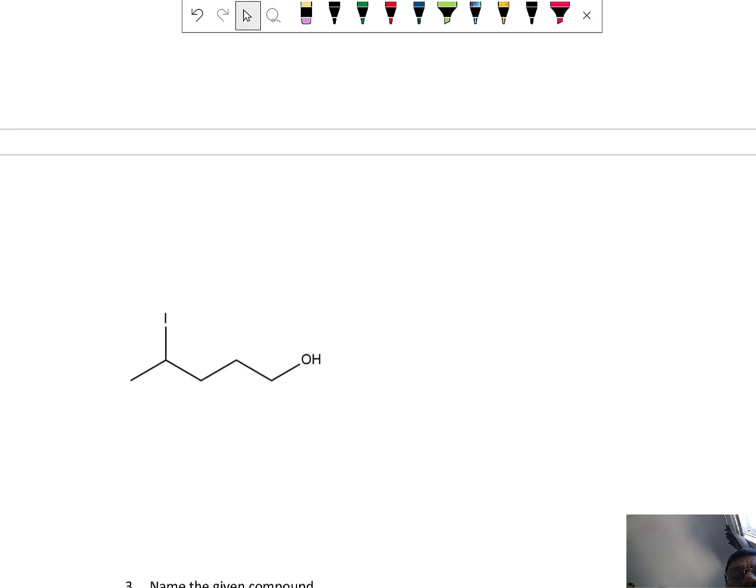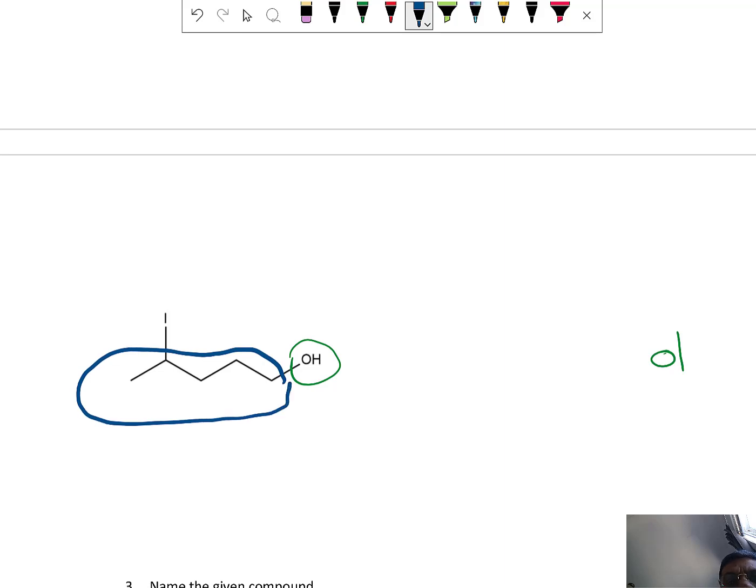And this is also an alcohol, so that's the OH, so that gets the name. I'm going to start with ol, and then I'm going to choose the longest carbon chain, so that looks like that one, and I can put the numbering 1, 2, 3, 4, 5.